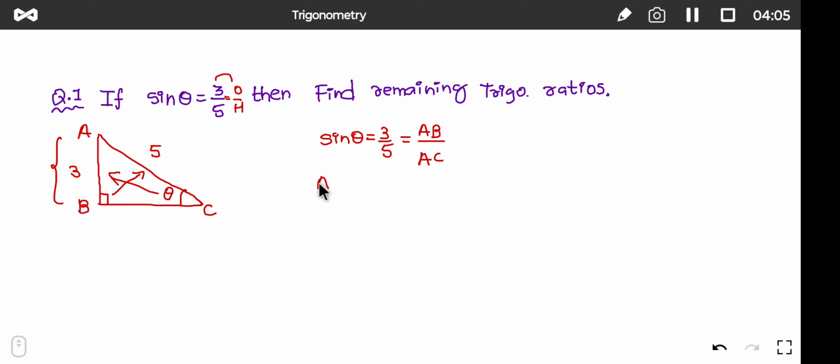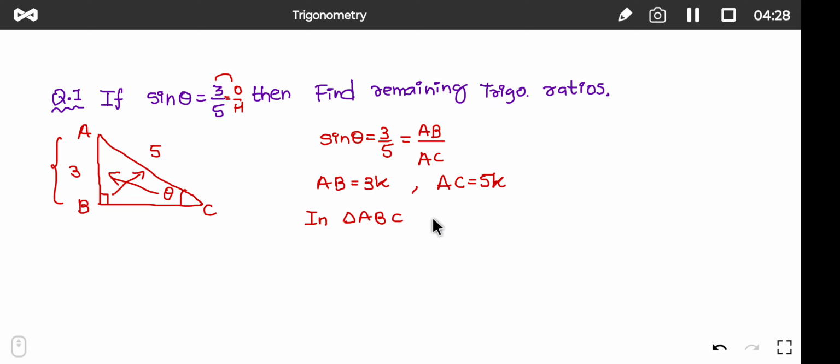So let us consider AB is equal to 3 times K, okay, because this is a ratio 3 by 5, not an actual number. So AB is equal to, let's say, 3K, and AC is equal to, let's say, 5K. Now if we apply the Pythagoras theorem in this triangle ABC, what is the Pythagoras theorem?